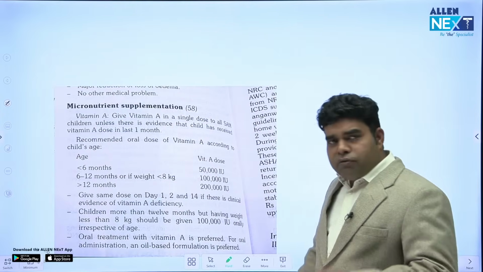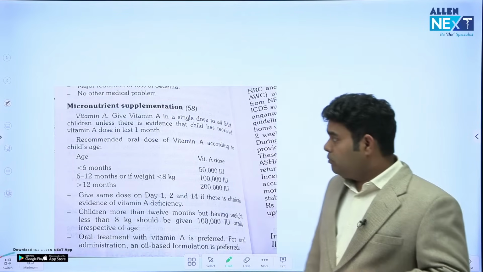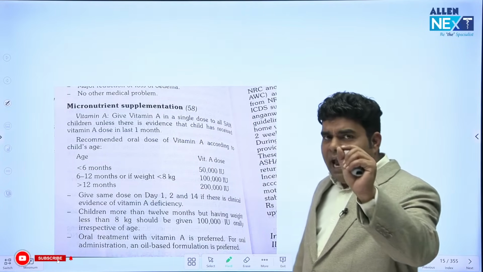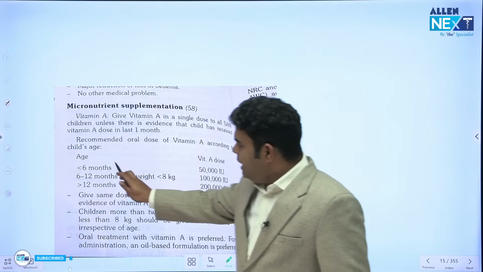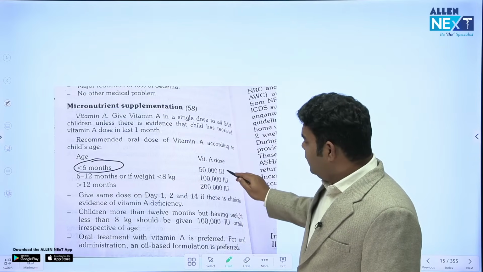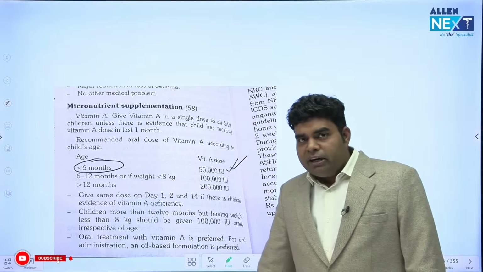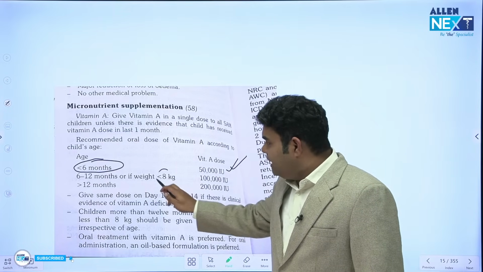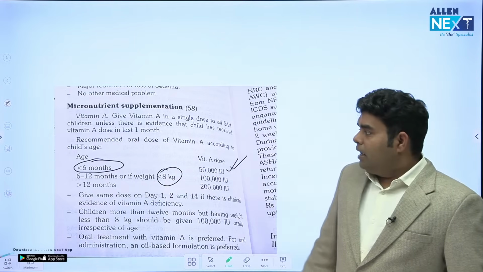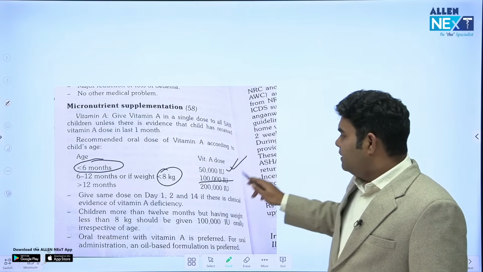There are a lot of questions which they are asking on vitamin A supplementation and dose. Let me tell you one extra point here: if the age of the child is less than 6 months, then vitamin A given is 50,000 international units. If the weight of the child is less than 8 kg and age is less than 12 months, we give 1 lakh.